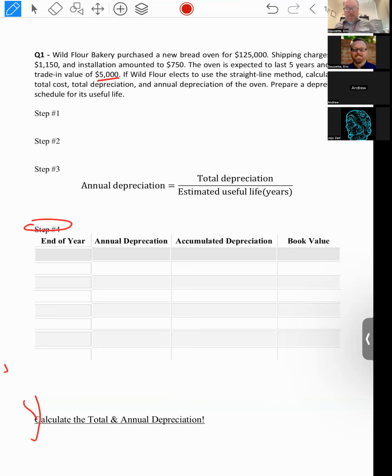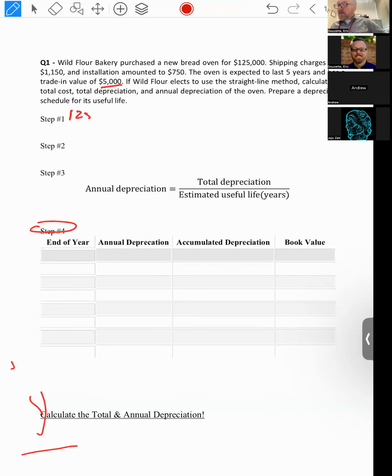So the first thing we need to do, step number 1, was determine the total cost and salvage value of the asset. Okay, so the total cost, well, we already know it was $125,000, but it also cost us $1,150 to ship it, and then another $750 for installation, to install it.